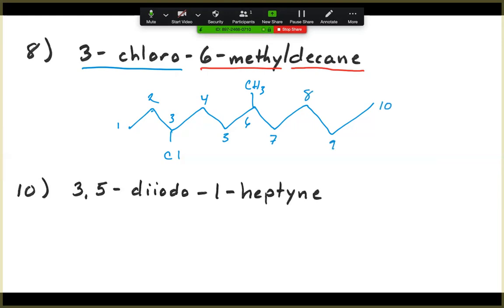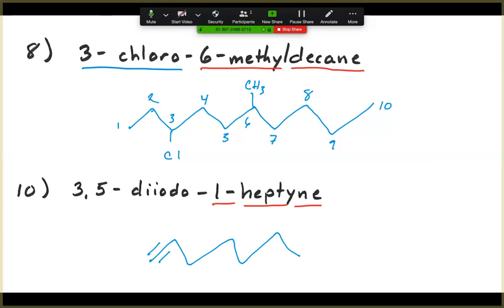And then we have 3,5-diiodo 1-heptyne. Again, follow the same process. Hept is 7. So 1, 2, 3, 4, 5, 6, 7. I have a triple bond at the 1 position. So I'm just kind of drawing this, and I'll accept this for us.